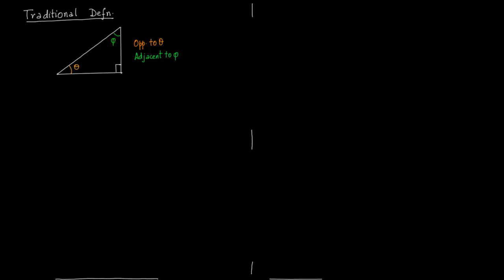Now this side is opposite to angle phi and adjacent to angle theta. So first I am writing adjacent to angle theta. As you can see, it is right next to angle theta, but it is opposite to angle phi. So write opposite to phi.